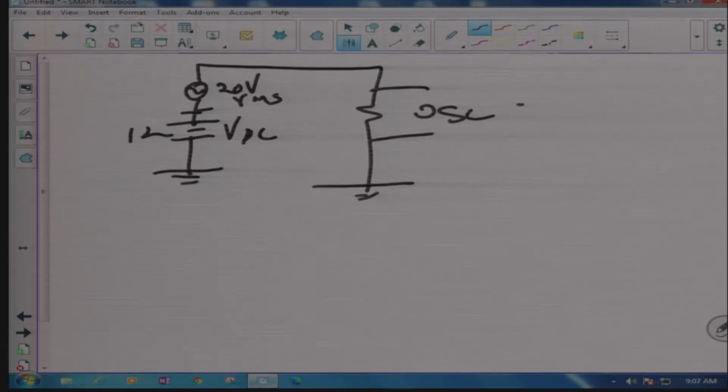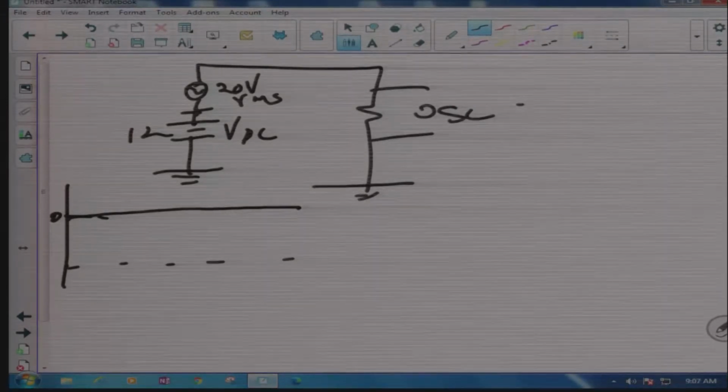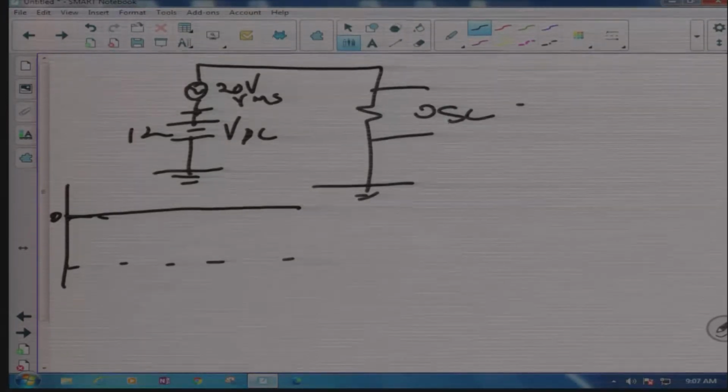Now you're going to get two values. First you're going to get your, this is my zero line. You're going to have a negative voltage because look at it, positive is connected to ground there. There it is. Now throwing it simply, you're going to have something of this nature.